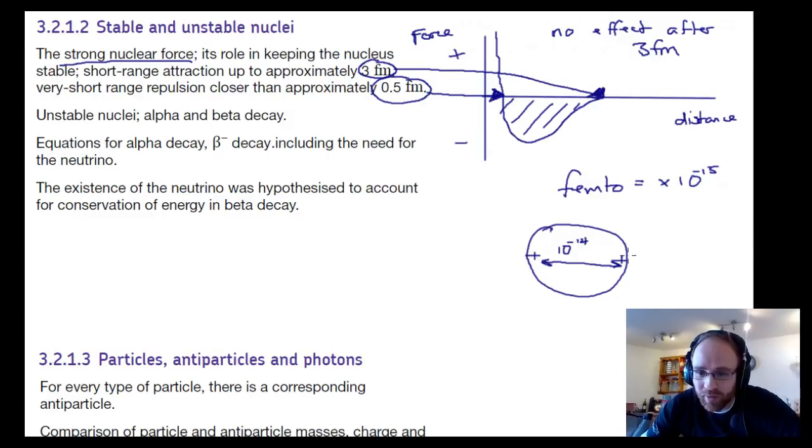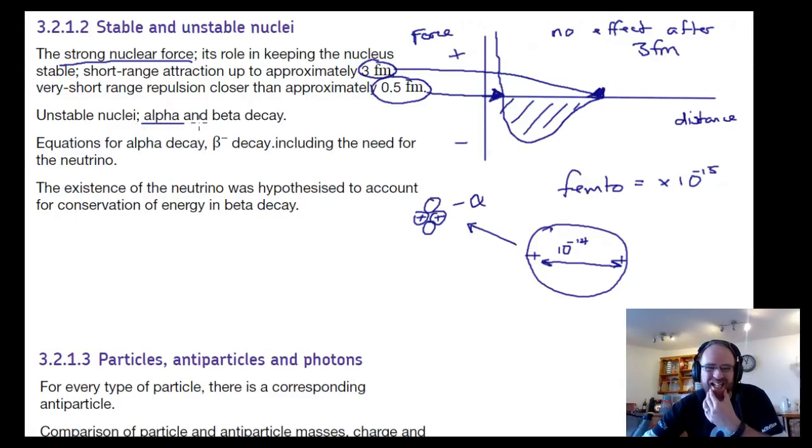So they're pushing each other away from each other, and there's no effect from the strong force. When we get really large nuclei, we can get ejected alpha particles. So unstable nuclei that are really big can eject alpha particles because they're pushing against each other.